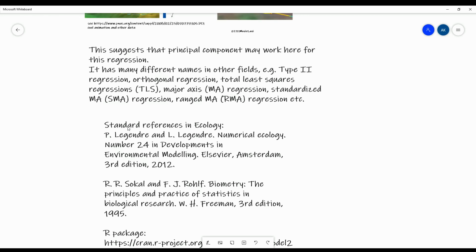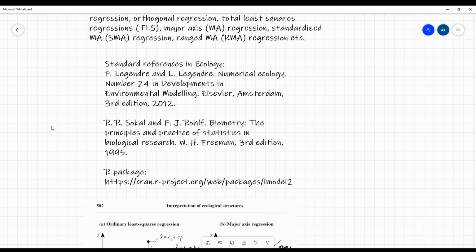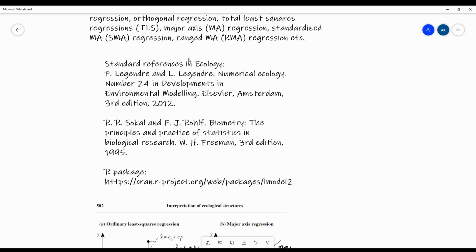So orthogonal regression, or PCA for regression, which I called it in this case, has many different names. I listed some of them, like type 2 regression, major axis regression, and so on. And I brought a couple of standard references from the field of ecology, these two books, Numerical Ecology and Biometry. There's also an R package which does it.